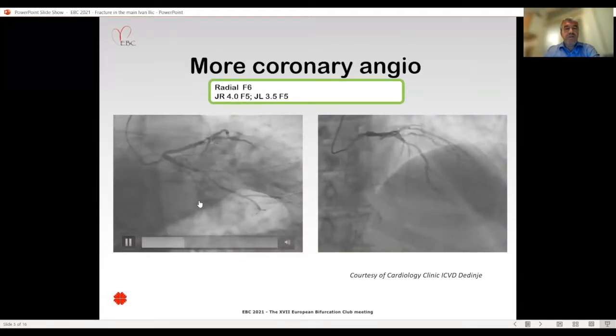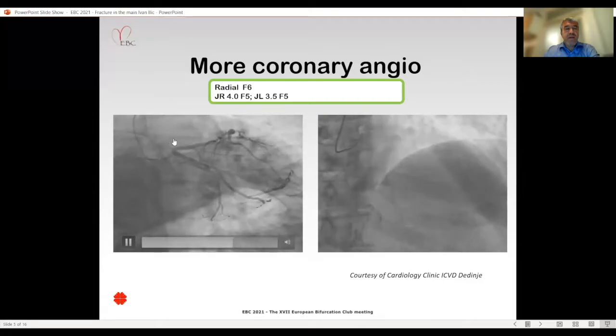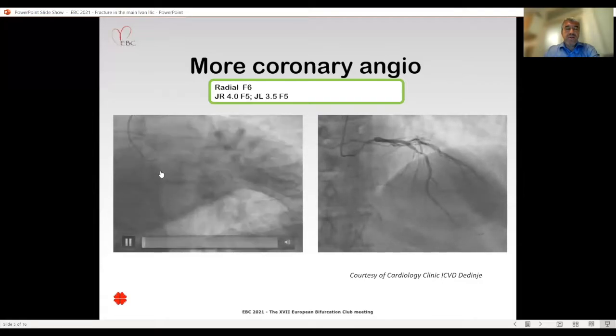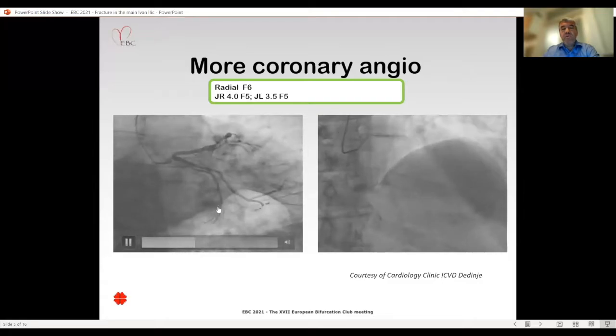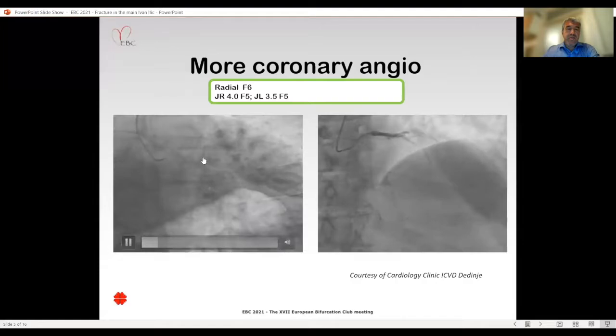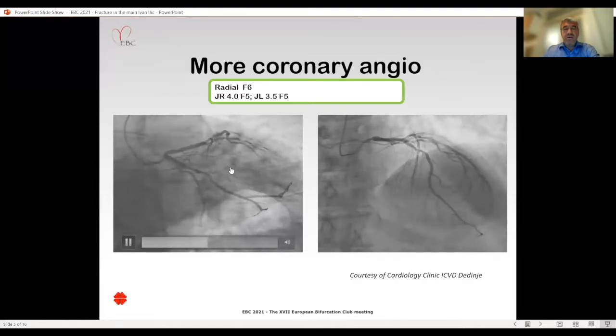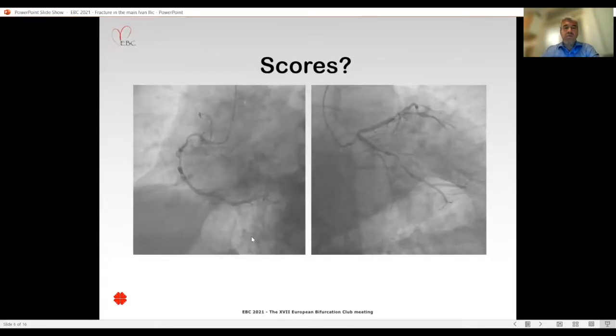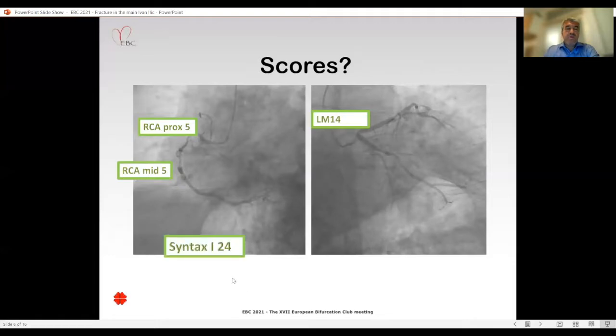More coronary angio showed that left main was stenosed in a distal segment with preserved flow and without stenosis of the ostial segment of the LAD and circ. We don't usually do scoring when we have a patient in acute coronary syndrome, but in this patient, the right coronary artery gave 10 points and the left main 14 points, which yields 22 points in SYNTAX 1 score.